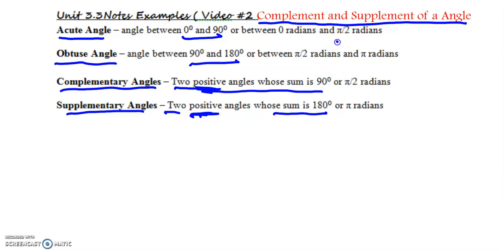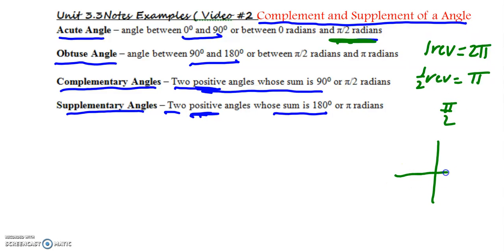Some of you might be asking, where did this pi over 2 radians come from? Well, let's think it through. We know that in one revolution of a circle, there's 2 pi radians. We also know that if you go halfway around the circle, that's pi radians. So if you go even another half of that, that's where you get pi over 2.